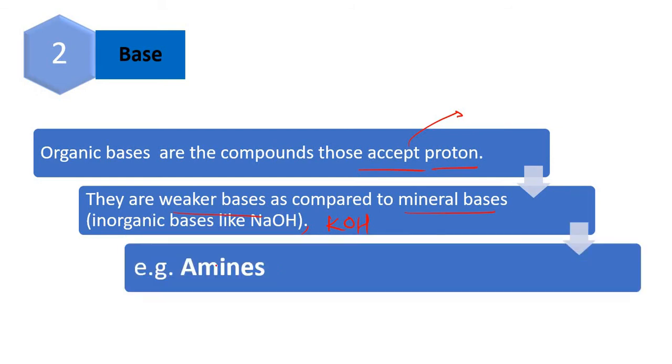The example of organic bases is amines. Amines are compounds which contain the functional group NH2. If this NH2 group is attached with an alkyl group or an aryl group, they are bases. They are considered organic bases because the nitrogen atom contains a lone pair of electrons which accepts the proton. That's why they are called proton acceptors.